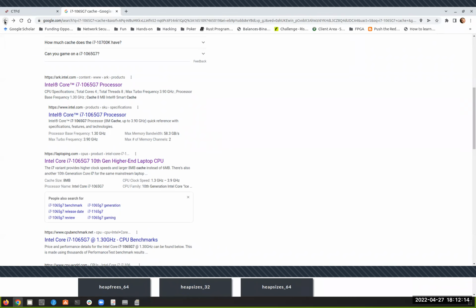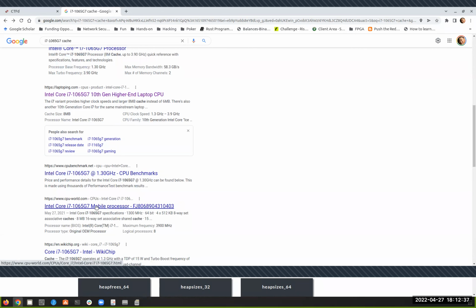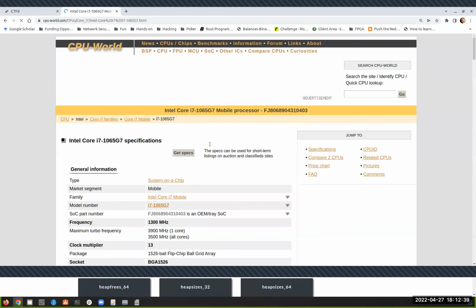Anyway, you probably need to do a lot of searching. Some of the websites will give you more information: each cache layer's size, and for each of them how many ways there are, or whether it is further divided into smaller cache chunks. I saw that before, but I'm not sure which website gives that kind of information.